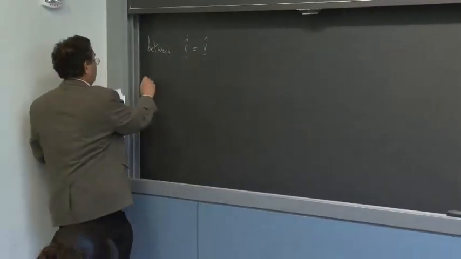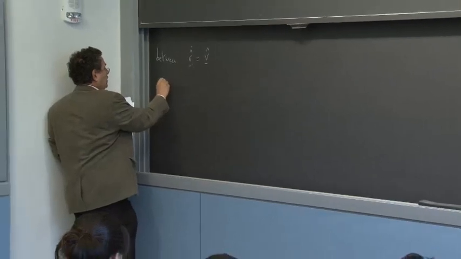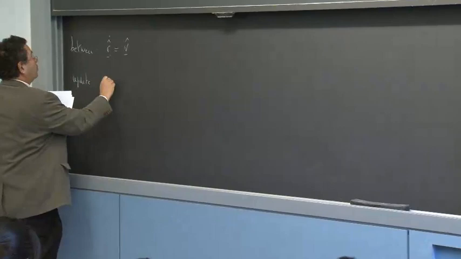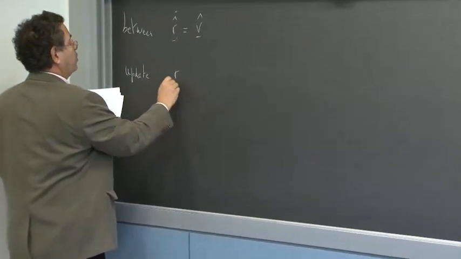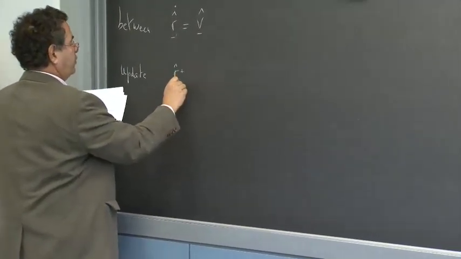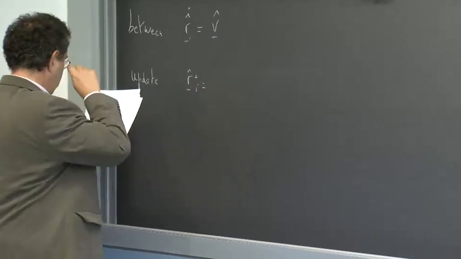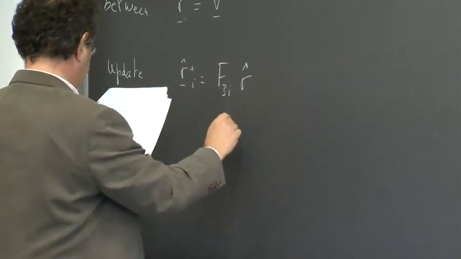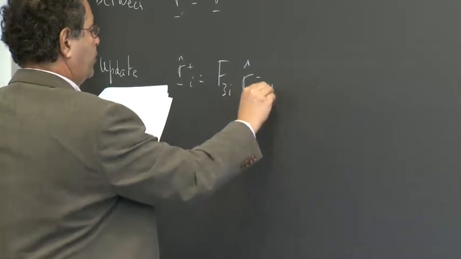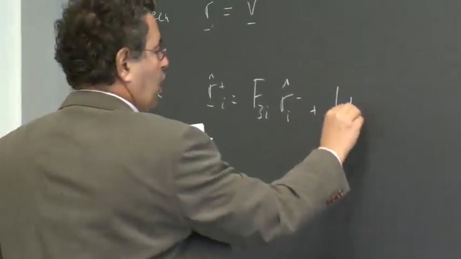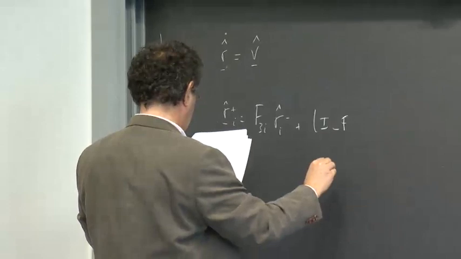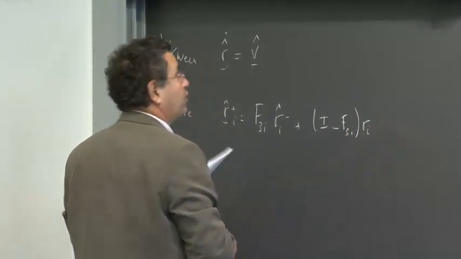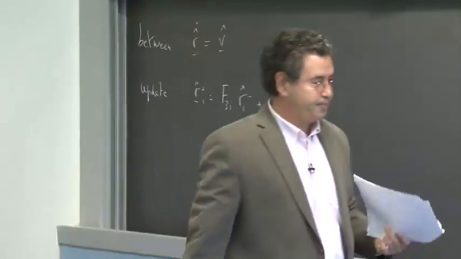And of course, at measurement update, you're going to have a very similar equation. R hat plus I is equal to F3 sub I R hat I minus plus identity minus F3I Ri, where this is again the measurement.